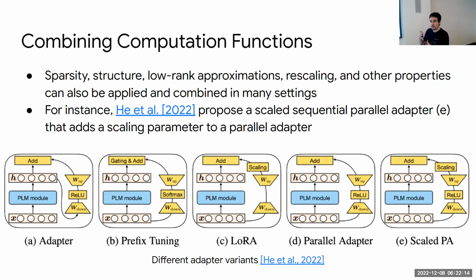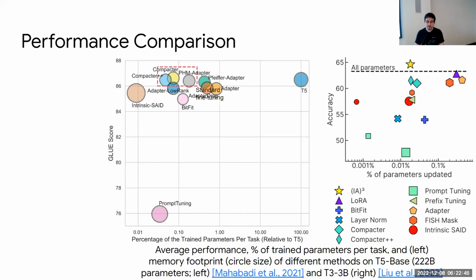Prefix tuning is expressed in an adapter formulation. LoRA is the parallel adapter variant that I mentioned, basically an adapter with an additional scaling parameter, which can be seen as a combination of an adapter and the LoRA embedding layer, where the main difference is that we don't have a nonlinearity in LoRA, whereas we have the ReLU nonlinearity in our adapter layer. So many of these methods, if you look under the hood, are very similar or share a lot of the high-level ideas.